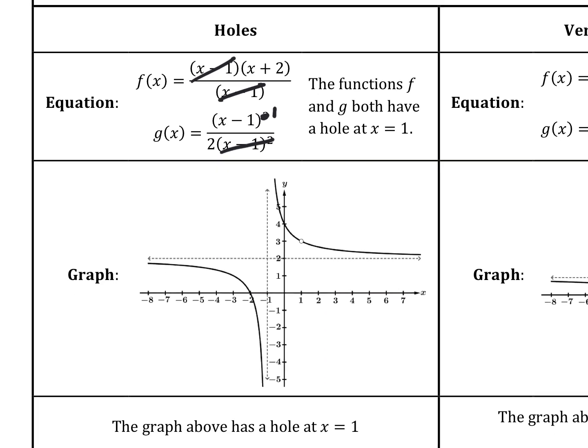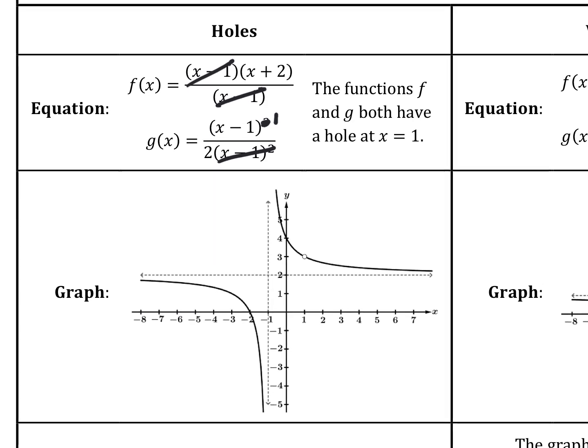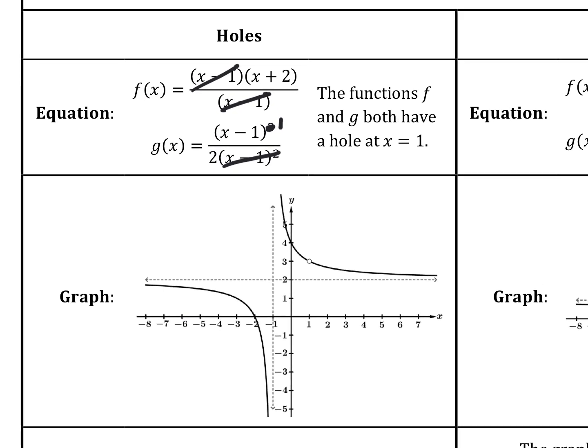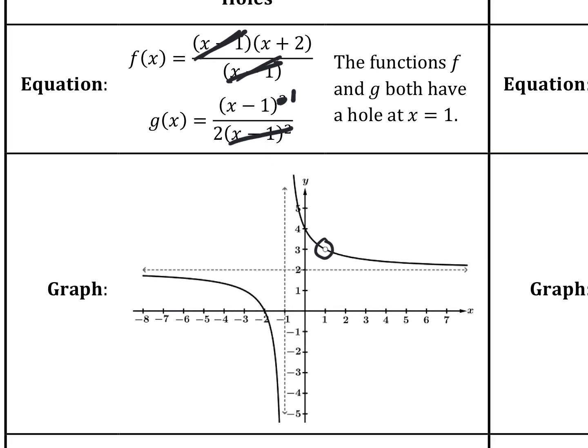So if you put these equations in a graph, specifically with how these two factors are being canceled out, it's going to look like this: a circle. There's a circle in there. So that's how it looks in a graph.